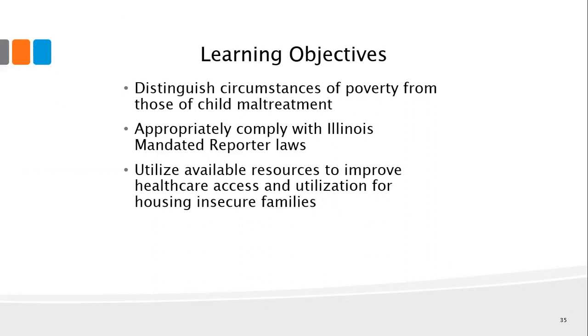These two issues come together because of a number of common risk factors that exist in families facing homelessness and those involved in child maltreatment. While maltreatment occurs in all areas of society, all income levels, all racial and ethnic groups, we know that there is a higher risk of child maltreatment in parents suffering from isolation, stress, mental health issues, and substance use disorders. These problems are often occurring in circumstances of poverty and housing insecurity as well.